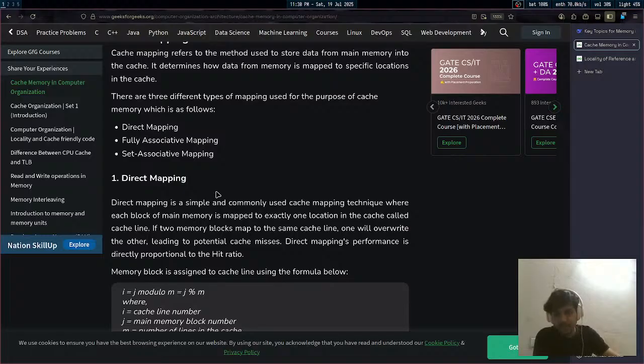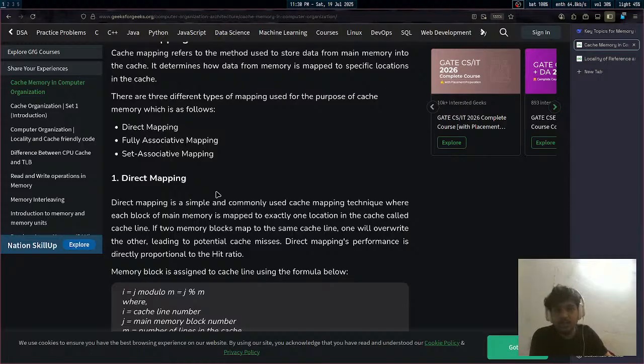For cache mapping, what is cache mapping? Probably the layout of caches, it refers to the method used to store data from main memory into cache.